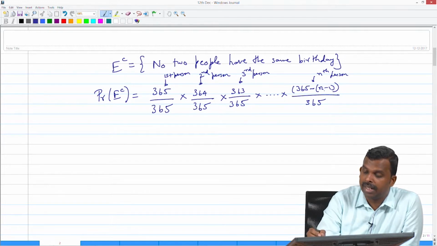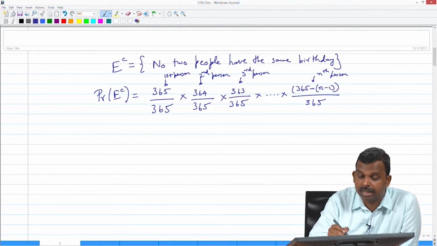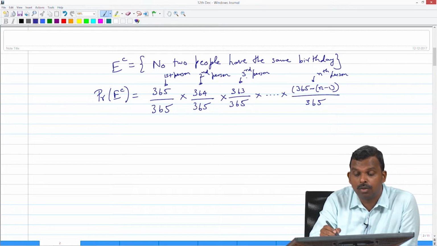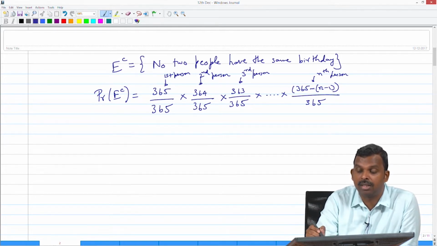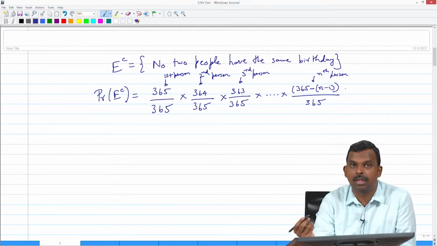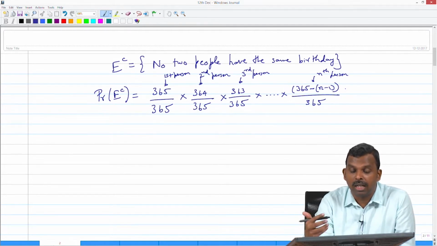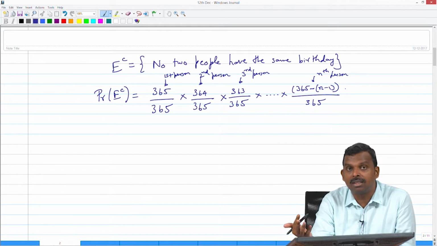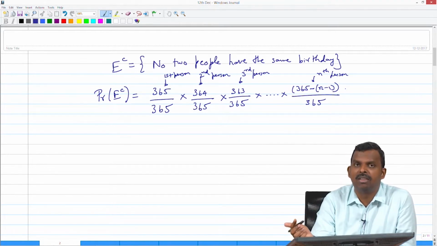So, how did I get n minus 1 here? You can think about it. For the second person, I have 365 minus 1. For the third person, I have 365 minus 2. So, for the nth person, I should have 365 minus n minus 1. Okay. So, this is the probability that no two people have the same birthday. Okay. So, think about how conditional probability and independence together are helping you to build up the probability for this event in a very simple manner.